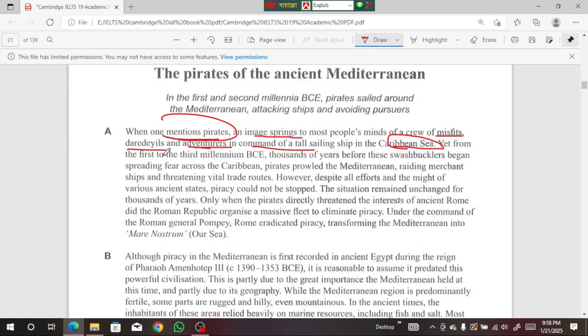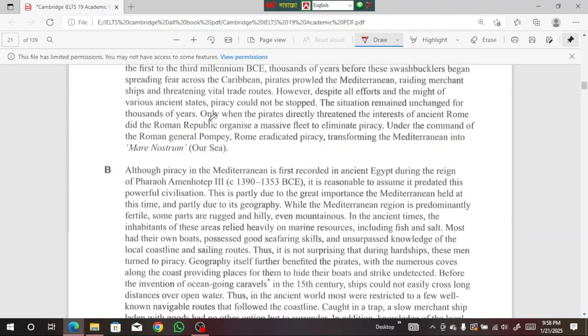Yet from the first to the third millennia BC, thousands of years before this, pirates spread across the Mediterranean. Last sentence: only when the pirates directly threatened the interests of ancient Rome did it act. The Roman Republic organized a massive fleet to eliminate piracy under the command of the Roman general Pompey. Rome eradicated piracy, transforming the Mediterranean.